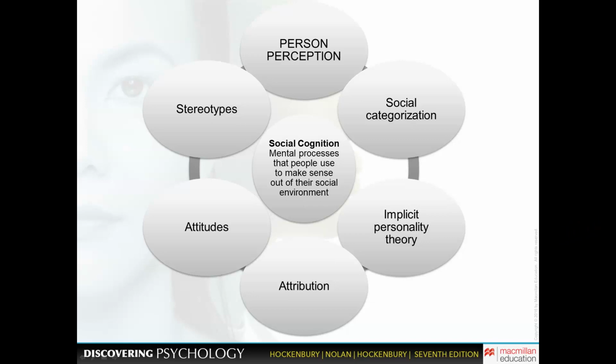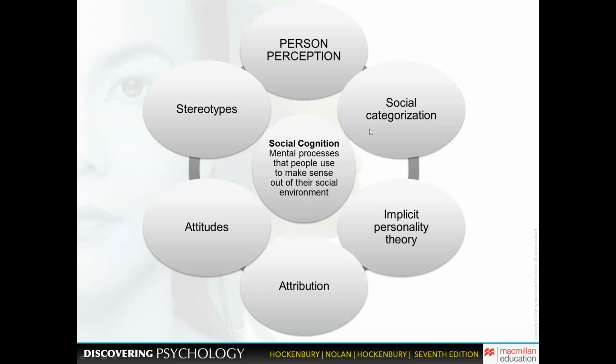We created this diagram right here, and we'll take a look at these in more depth, narrowing our focus on each one. At the very top, we listed person perception, which is how we perceive other people. They can then be categorized in a certain way, which is social categorization.